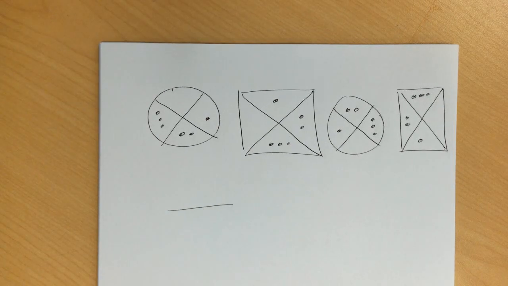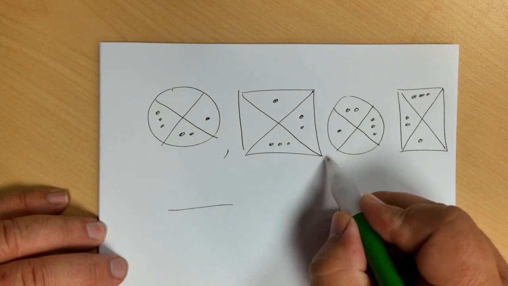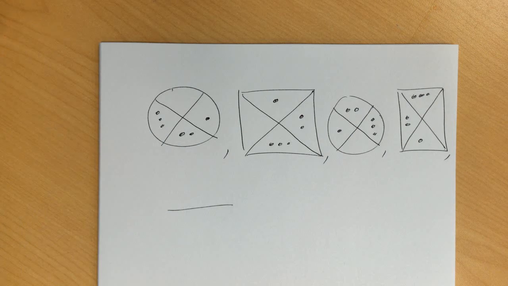What's the next picture going to look like? We have two things we can notice here. What's the next shape going to look like? And what's the next pattern going to look like? Because there's multiple moving parts here.